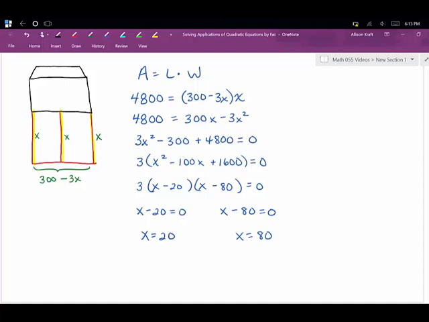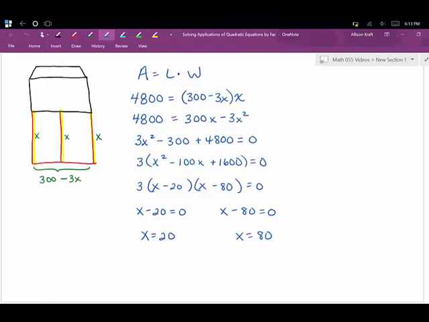I need to make sure that my solutions make sense for the context of my application. If x is equal to 20, that would be fine for the width of the corral. Let's make sure when we plug it into the length, 300 minus 3x, we don't get a negative number because that wouldn't make sense.